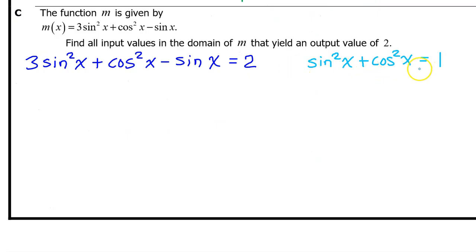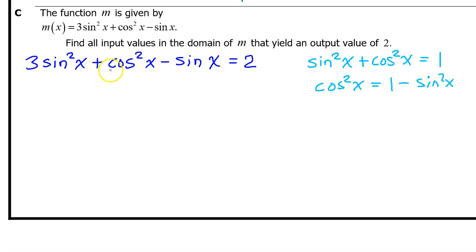This identity appears the most often, so if you memorize only one identity, let it be this one. If we want to get cosine squared by itself, we would subtract sine squared from both sides of this equation. That will leave cosine squared x is equal to 1 minus sine squared x.